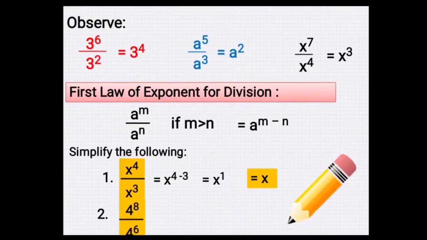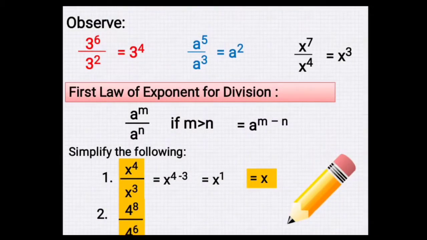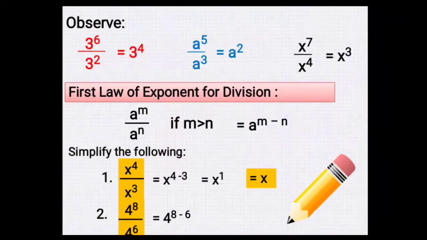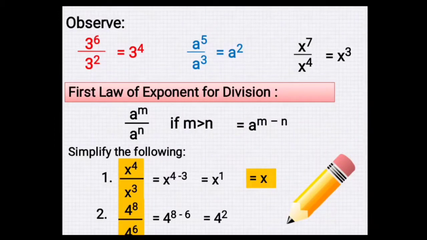How about 4 raised to 8 divided by 4 raised to 6? We have the same base, that is 4. Then the exponent of the numerator is greater than the exponent of the denominator. So 8 minus 6. Therefore, we have 4 raised to 8 minus 6 power, and the answer is 4 squared.